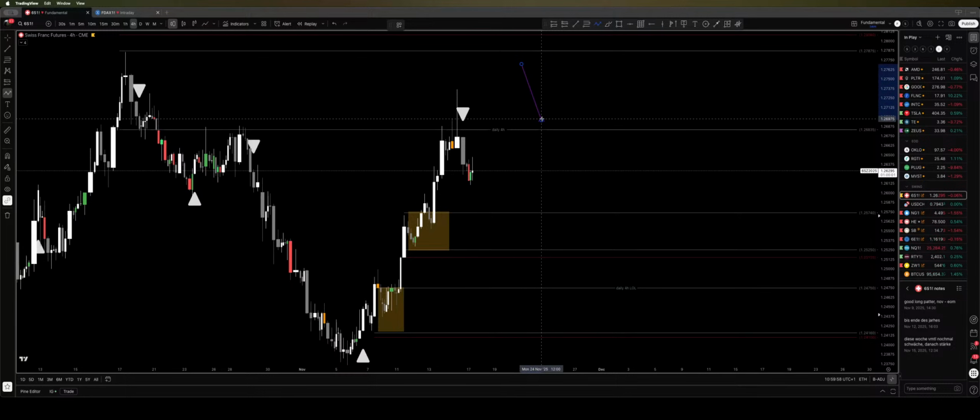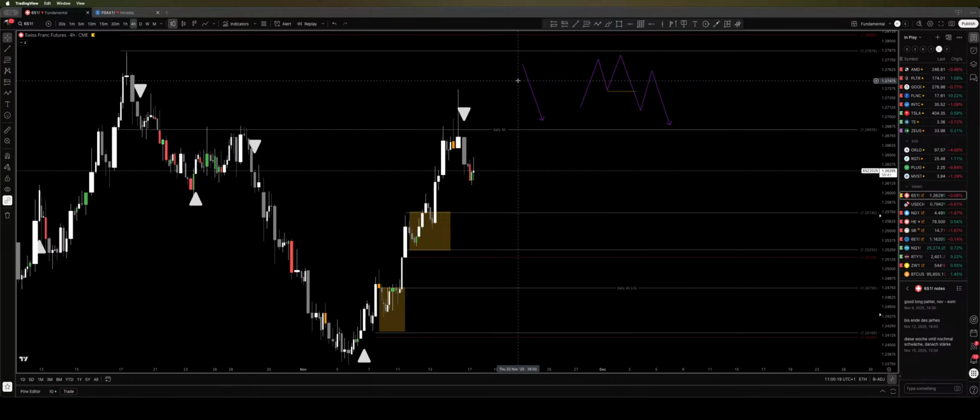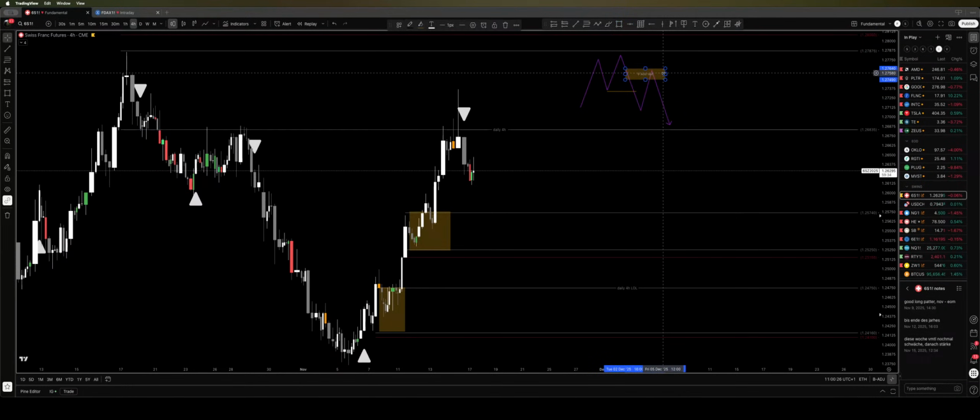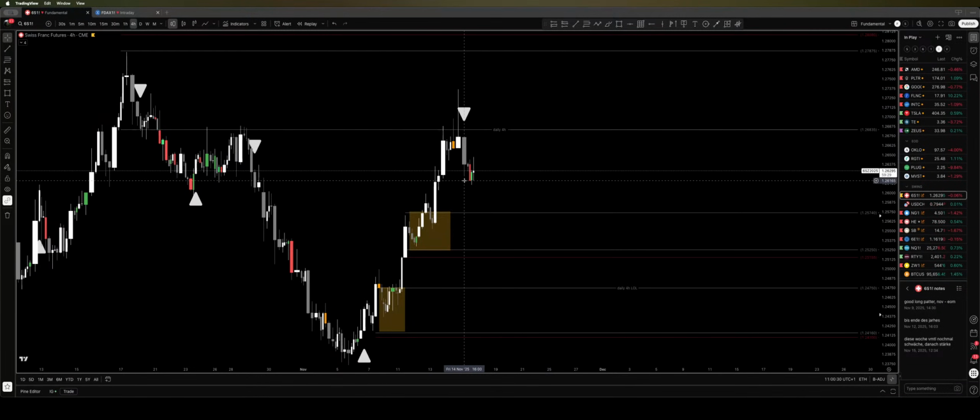But generally, if I want to short something after it has come up and I want to short a lower time frame supply, I would like to see something like this first: that it takes out this low, forming an anticipatory downtrend first, and then short something like this. And we didn't have this here yet.